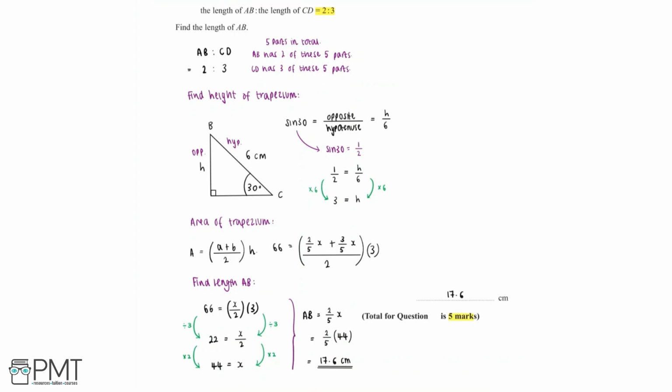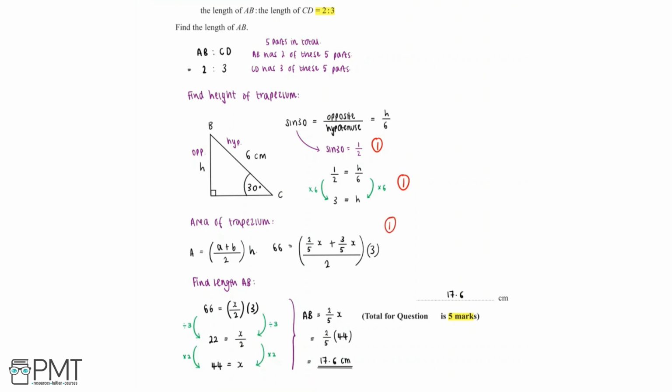Now this question is worth 5 marks. We get the first mark for saying that sine 30 is equal to h over 6. And we get the second mark for using this in order to find the value of h, and we said that h is equal to 3. We get the third mark for using the formula for the area of the trapezium to find the expression that 66 is equal to 2 out of 5x plus 3 out of 5x divided by 2, all multiplied by 3.